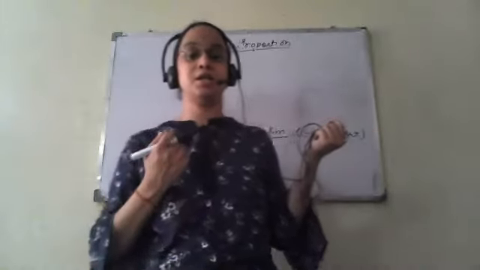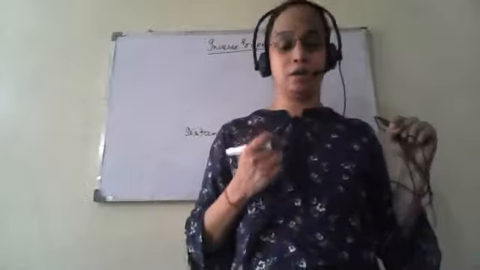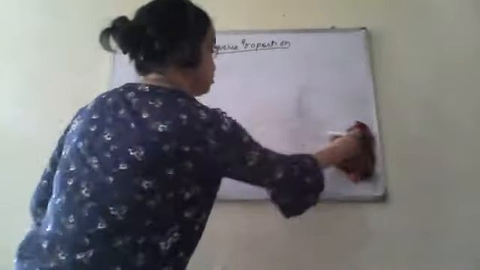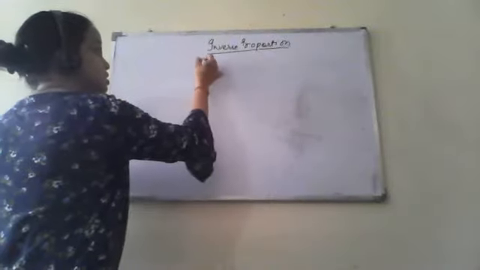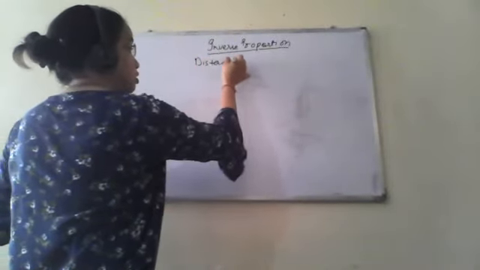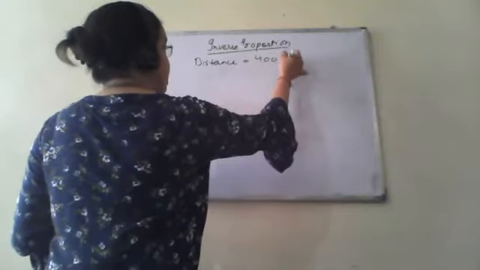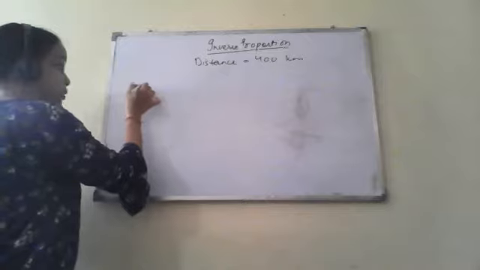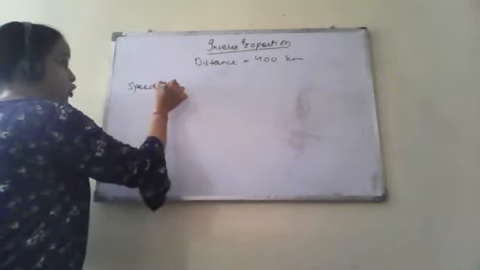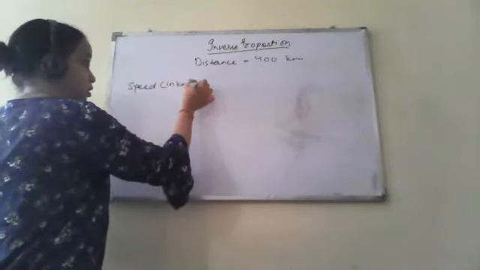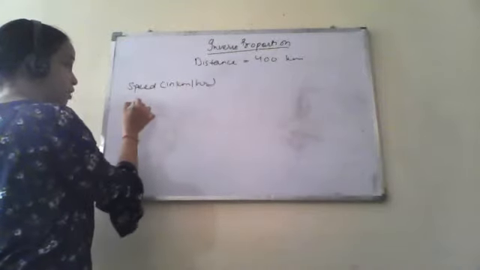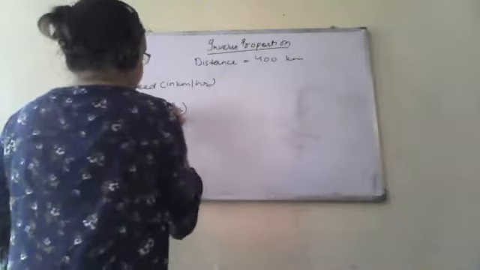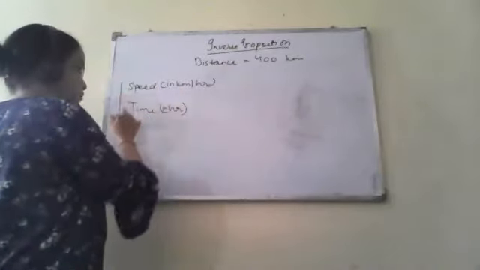If we are increasing the speed, then time will reduce. Now see how. So we have distance, that is 400 kilometers, which is fixed. Now we have speed in kilometers per hour, and we have time in hours. So we have these two things.